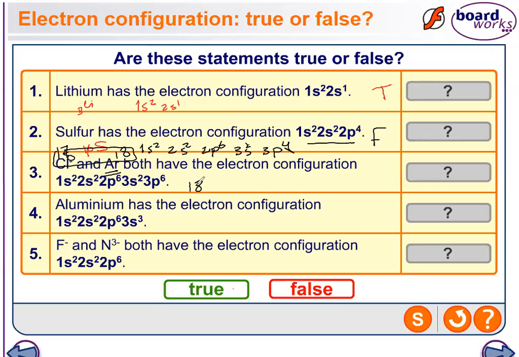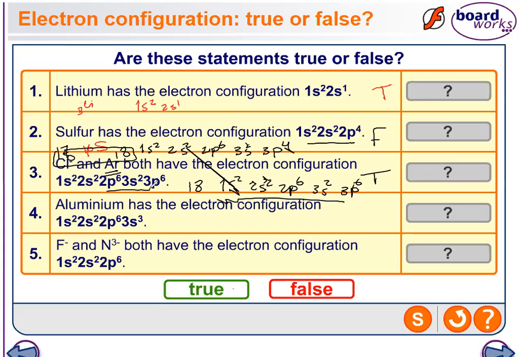Yes, Jenna? 1s2, 2s2, 2p6, 3s2. So like this, how many are they? Just 12 electrons. So we still have 6 electrons out of 18. So 3p will be filled with these 6. So it's the same. So it's true.